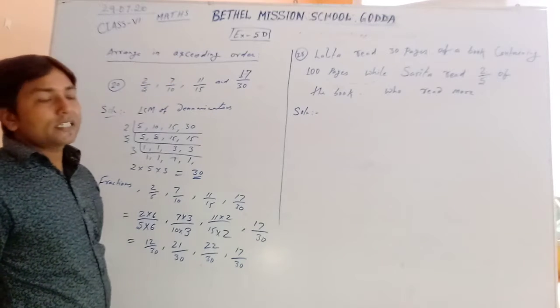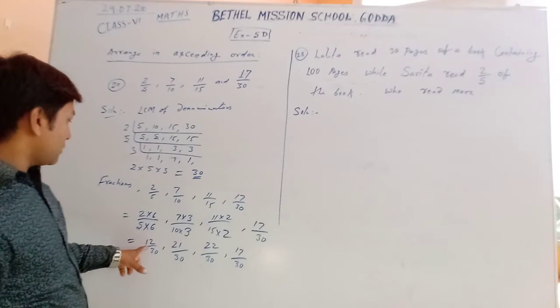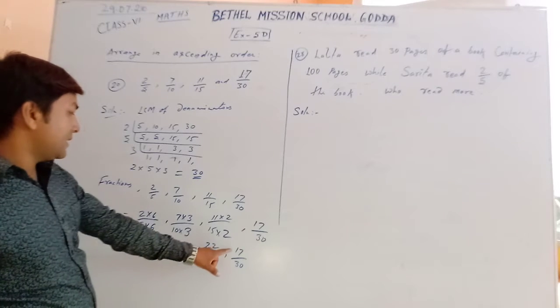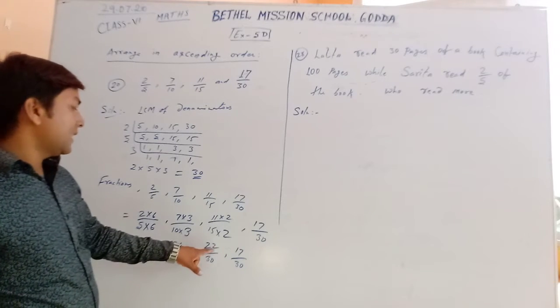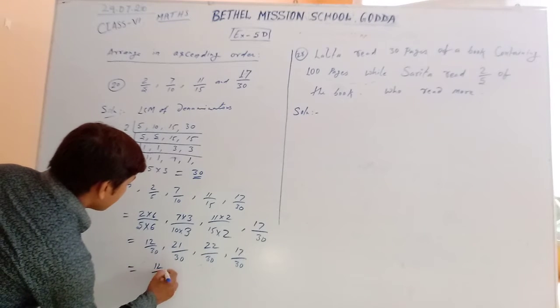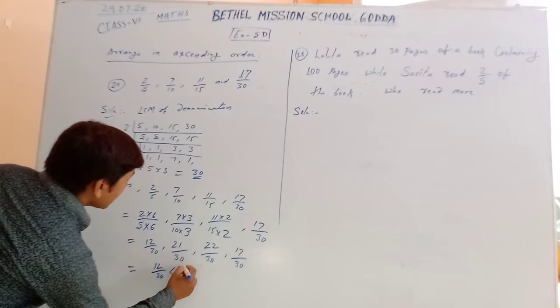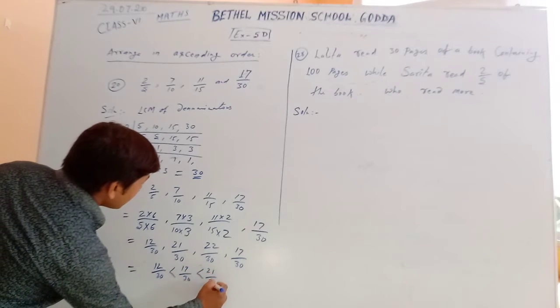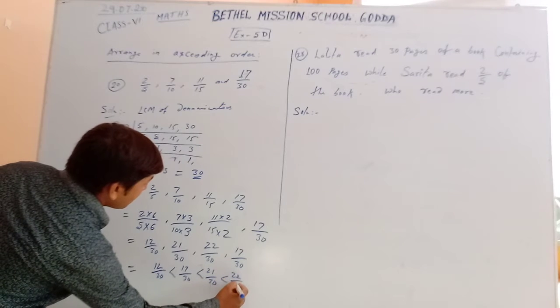Ascending order means smallest first. Which one is smallest? 12 is smallest, then 17, then 21, then 22. So we write 12 upon 30, 17 upon 30, 21 upon 30, and last 22 upon 30.